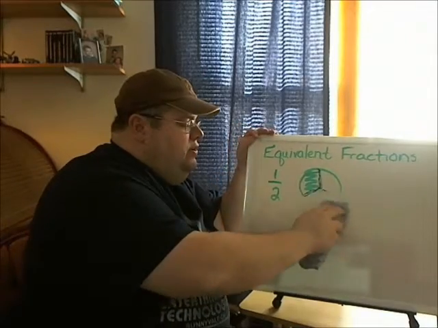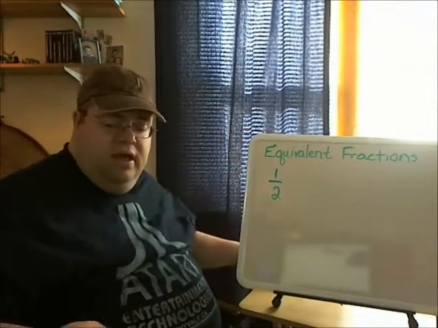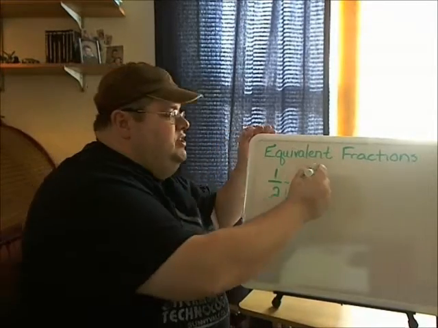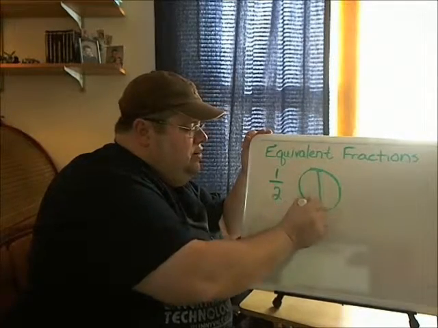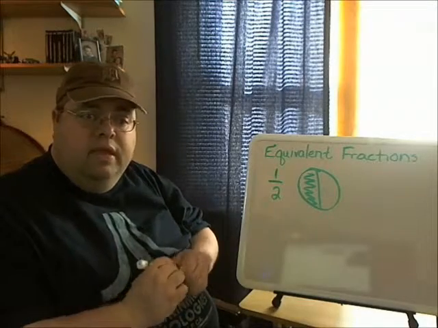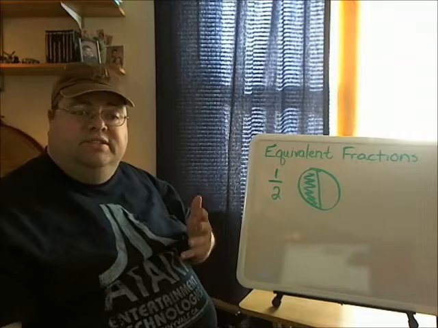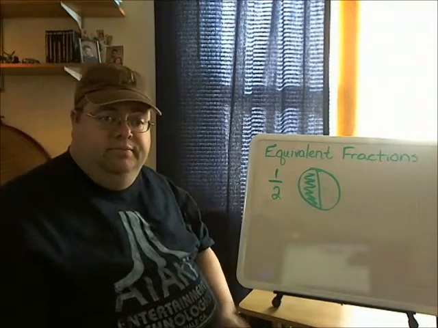No, what an equivalent fraction says is we're only going to be able to choose denominators that will still allow that 1/2 that we started with to still exist. So an equivalent fraction of 1/2 has to be able to actually have parts that will still equal 1/2.